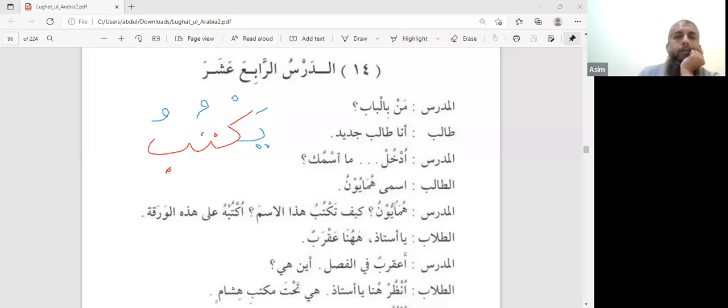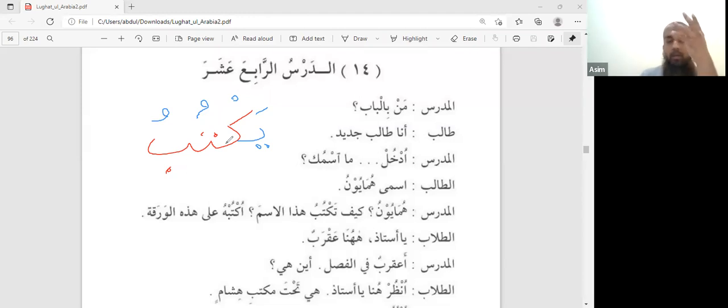Everybody can see that? Kataba, kaf, ta, ba. These are the root letters for the past tense verb, right? The present tense verb, we add the present tense prefix, or the present tense letter. We call it harfu mudari', or the present tense letter.